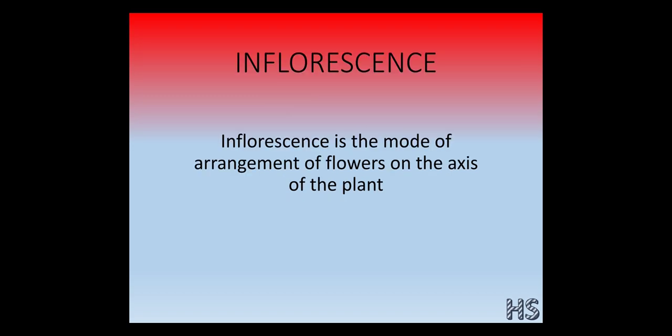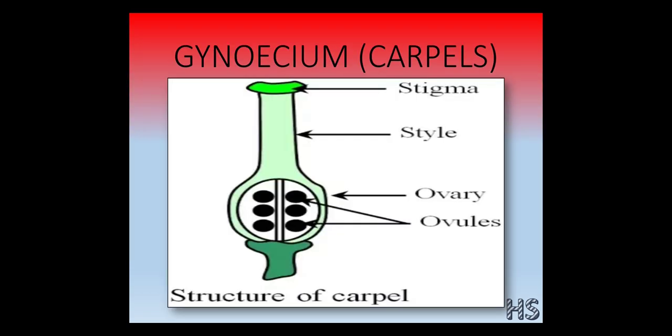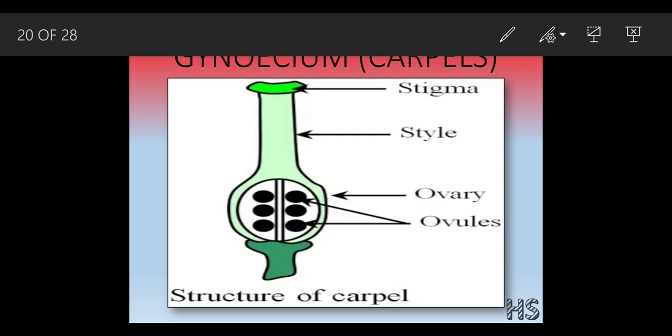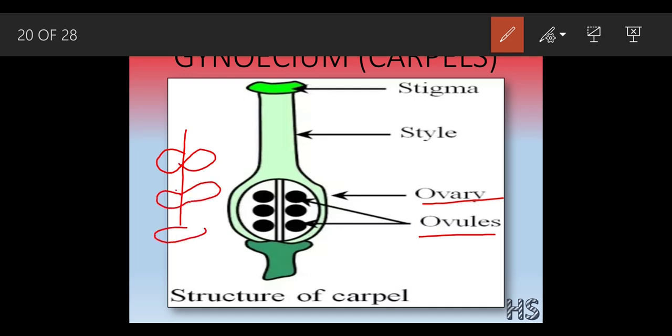Let's understand this part. See, this swollen part is called the ovary, okay. Inside these ovaries there are ovules, but if you look, these ovules are attached to something, right? Like this, they are attached to something.